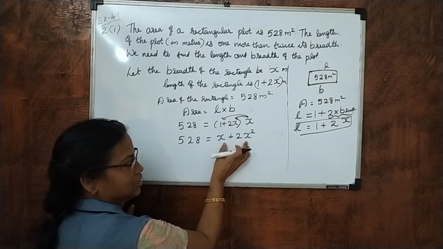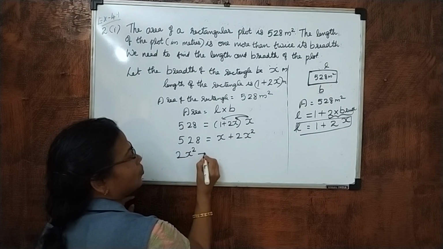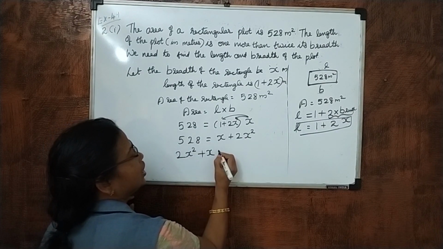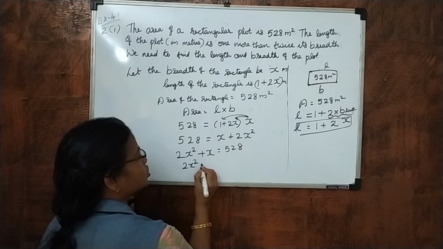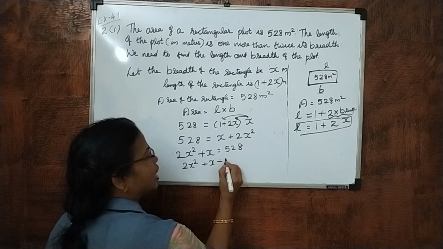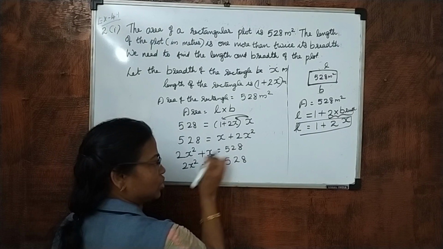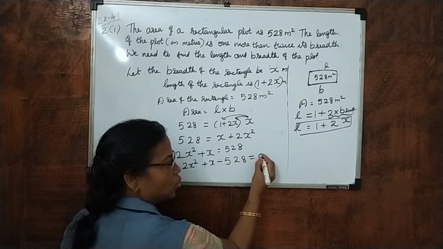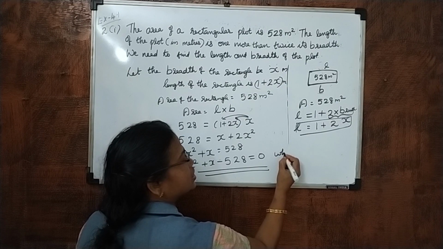That means this is RHS, take it to LHS. So it will be 2x square plus x minus 528 equal to 0. This is the quadratic equation.